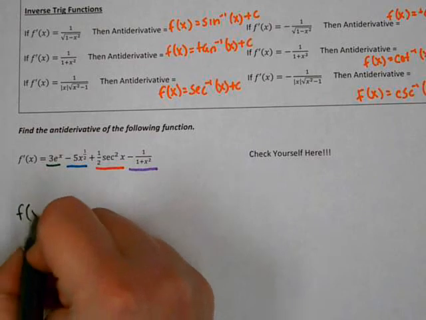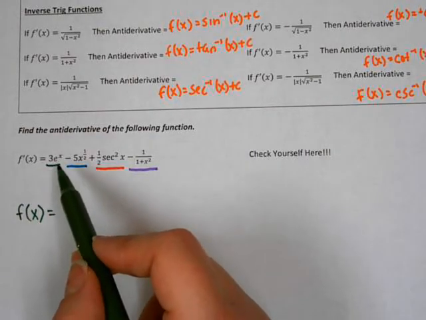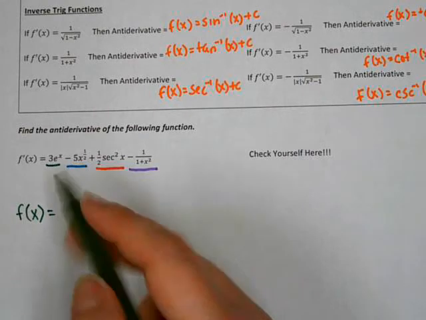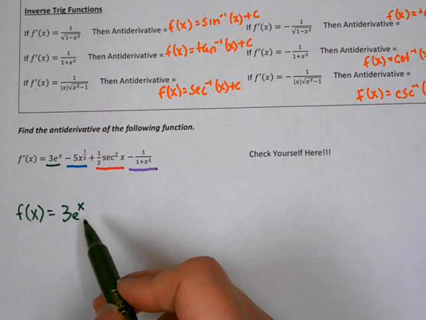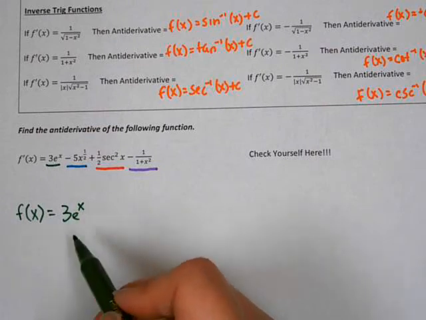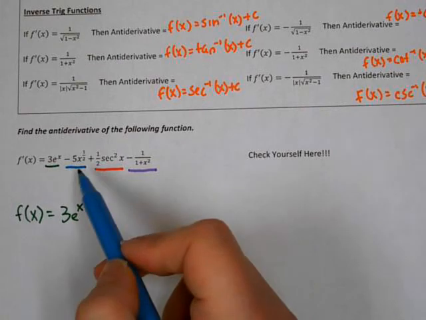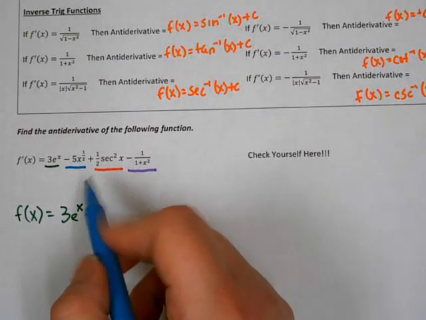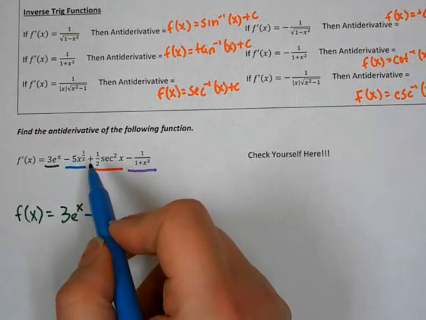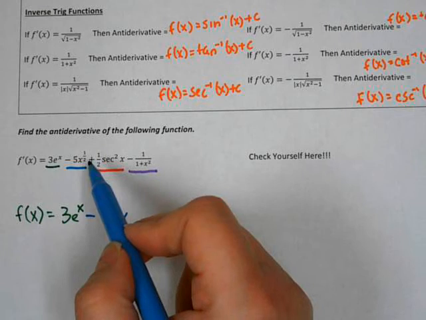So f of x is going to equal, well, if I have 3 times e to the x and I want the antiderivative, that's actually just 3 times e to the x, because e to the x is our nice simple function that we don't have to worry too much about. Then I've got minus 5x to the 1/2. Well, that is a polynomial, so I'm going to be undoing the power rule. I'm going to take my variable first, and I want to add 1 to my exponent.